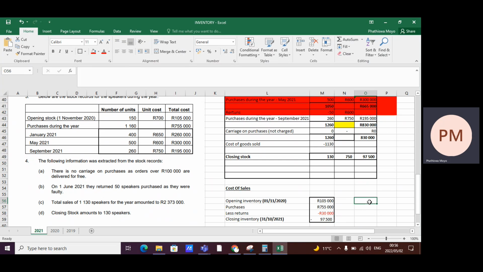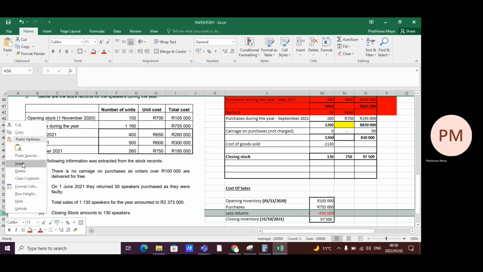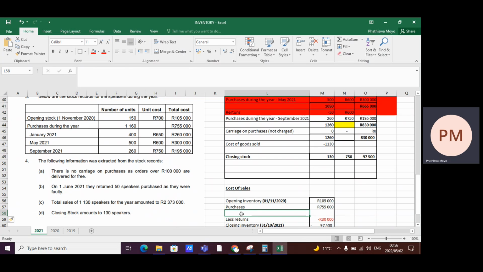Closing inventories, carriage and purchases, it's nil. Remember, above the 100,000.